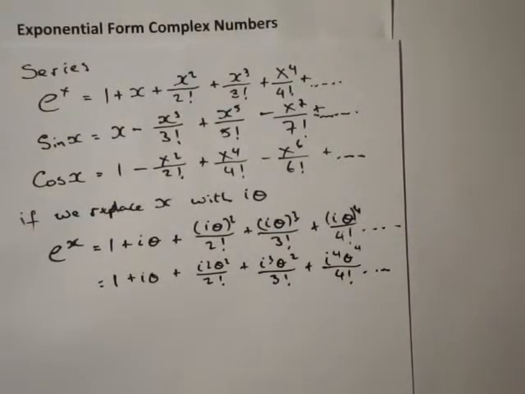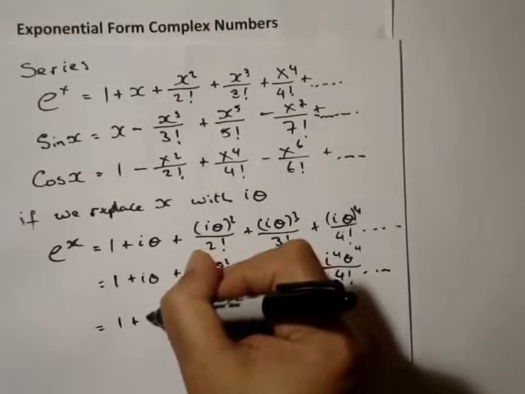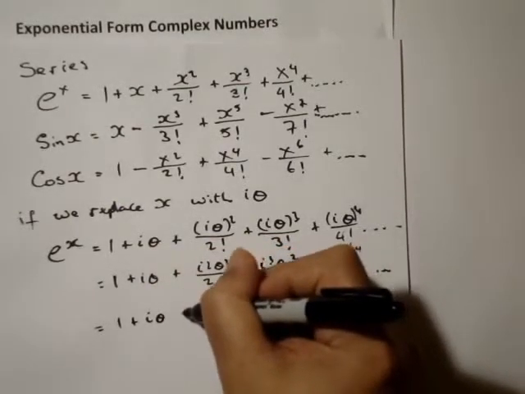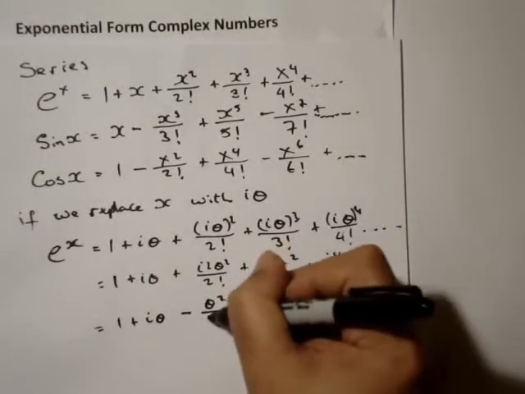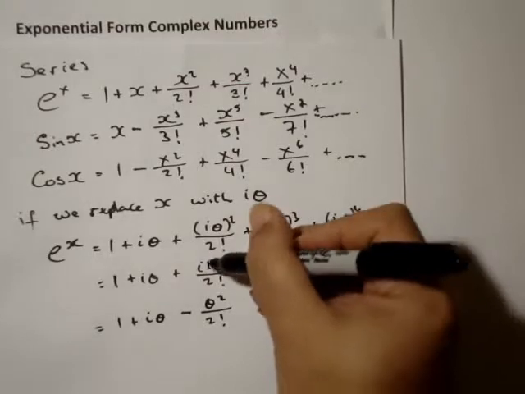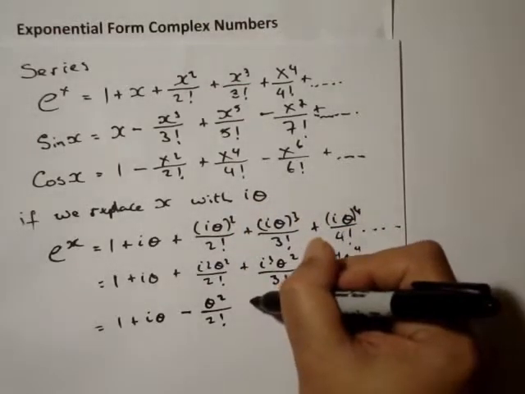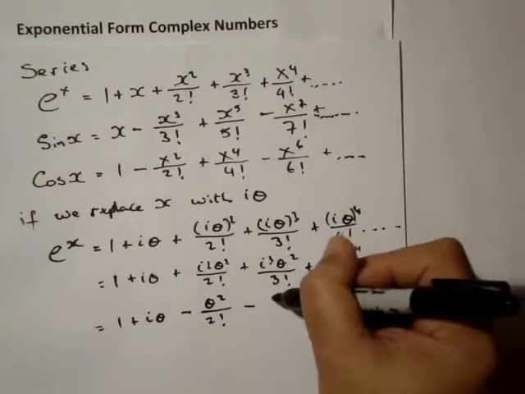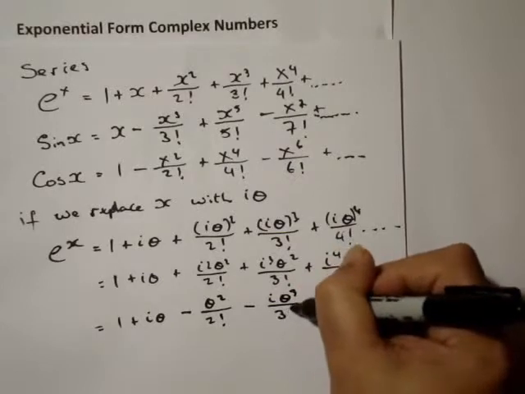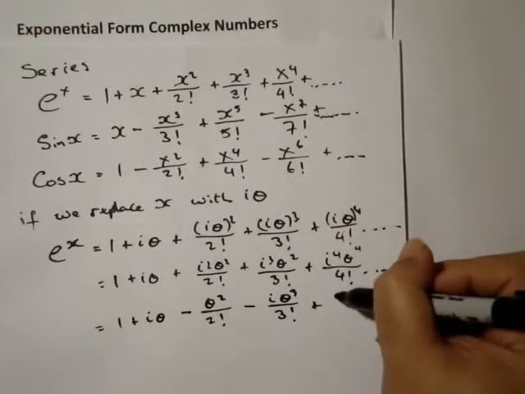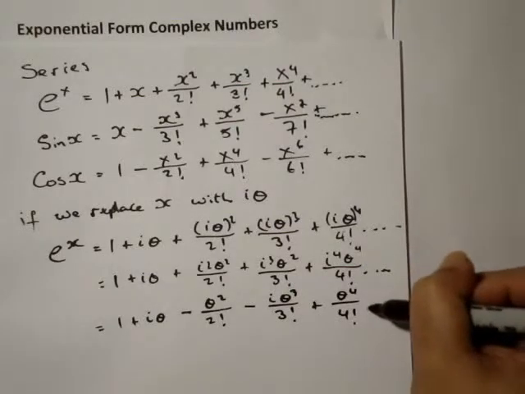So this we can then write as 1 plus i theta minus theta squared over 2 factorial, bearing in mind our powers of i, and then this becomes minus i theta to the power 3 over 3 factorial plus theta to the power 4 over 4 factorial, and so on.